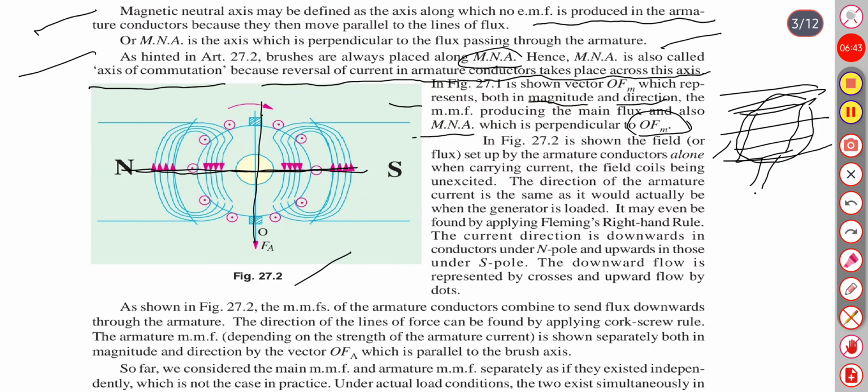The current direction is upward in the conductors under the S pole and downward in the conductors under the N pole. The downward flow is represented by a cross and upward flow by a dot.